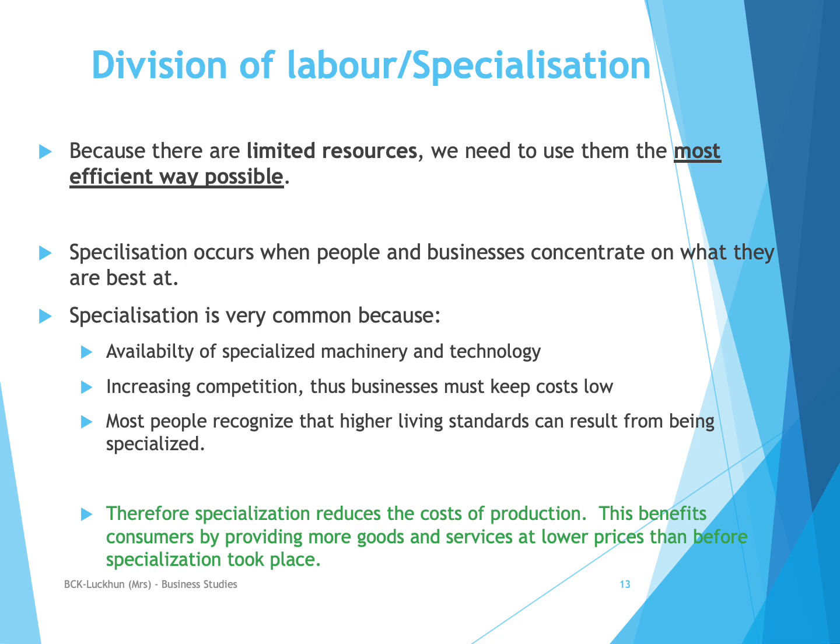And thirdly, most people recognize that higher living standards can result from being specialized. Therefore, specialization reduces the cost of production. This benefits consumers by providing more goods and services at a lower price than before specialization took place.